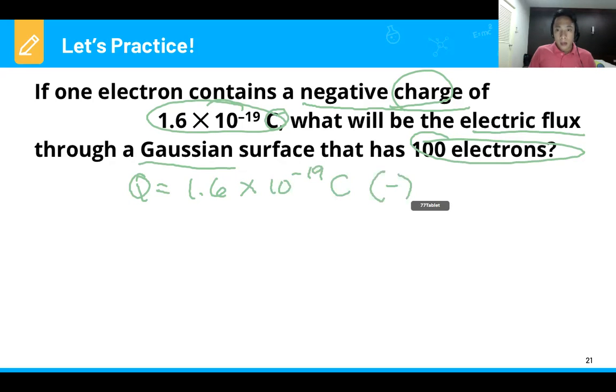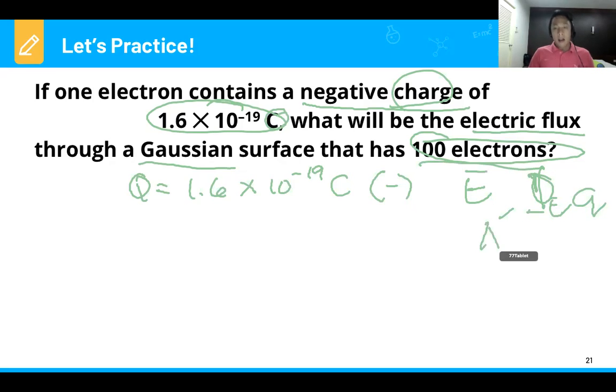Okay? How about the 100 electrons? Where do I put 100 electrons? Do I put that in E? Is that the electric flux? Is that another charge? Is it the surface area?